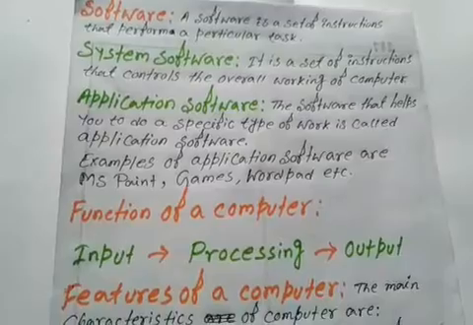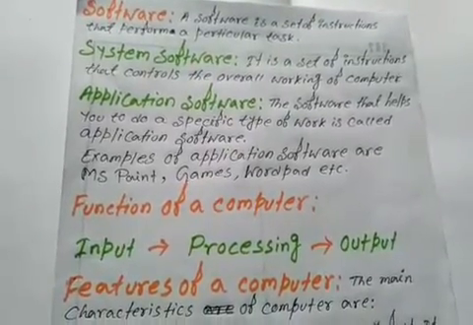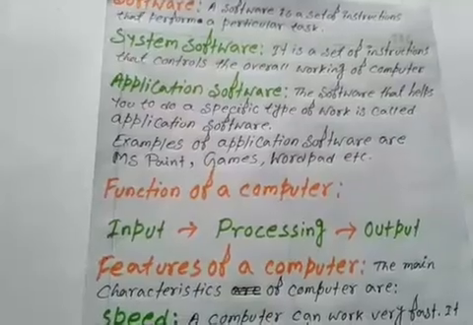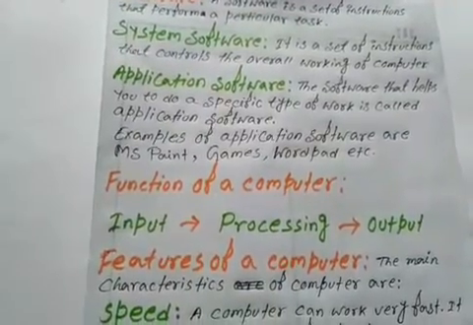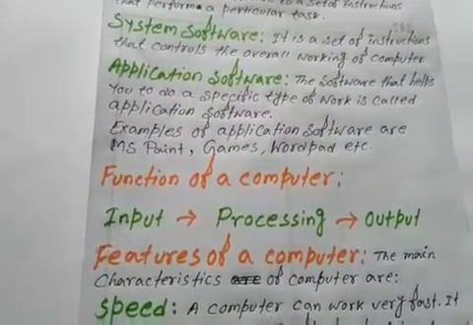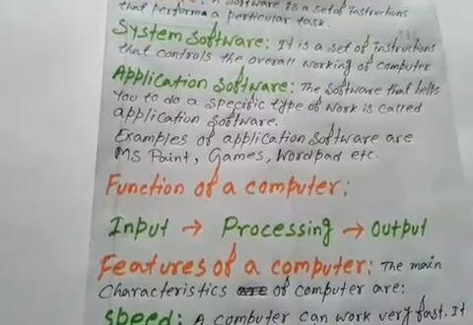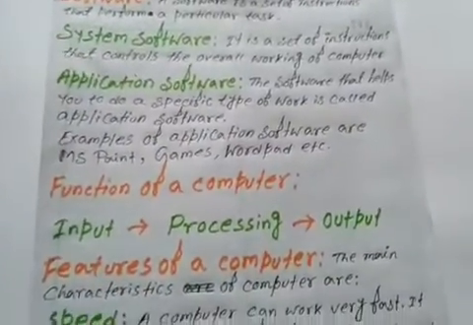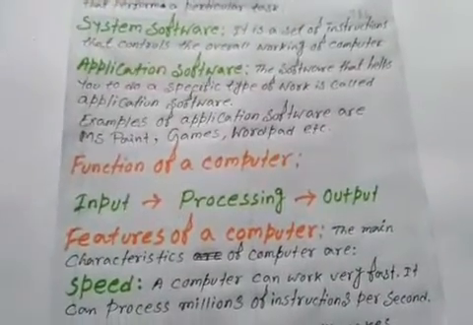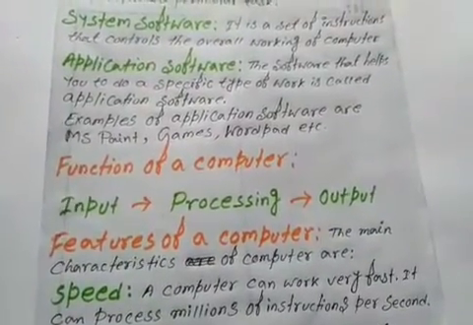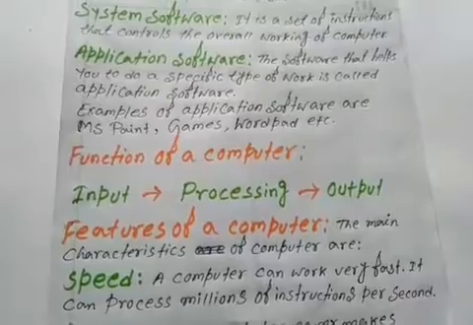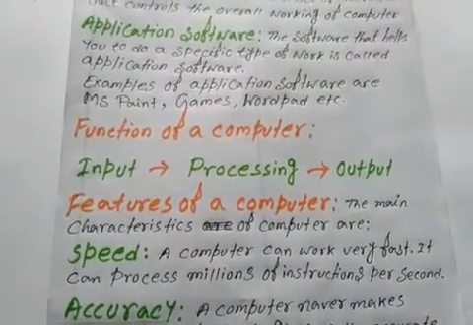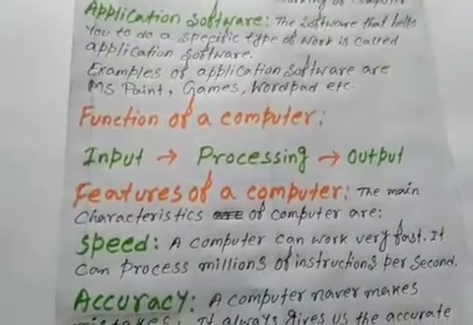It is a set of instructions that controls the overall working of the computer. Overall working of the computer means input operation, output operation, and processing the input data. Then application software. The software that helps to do a specific type of work is called application software. Examples of application software are MS Paint, games, WordPad, etc.